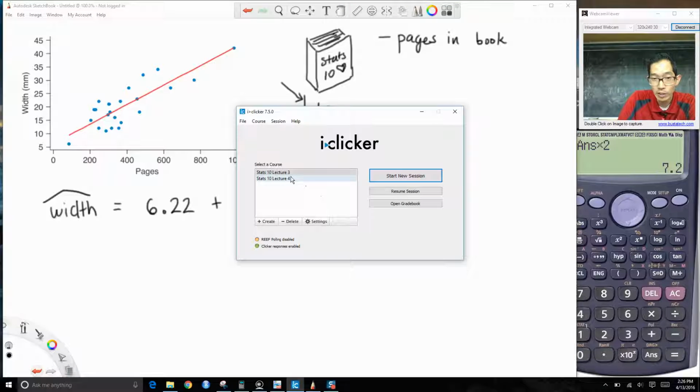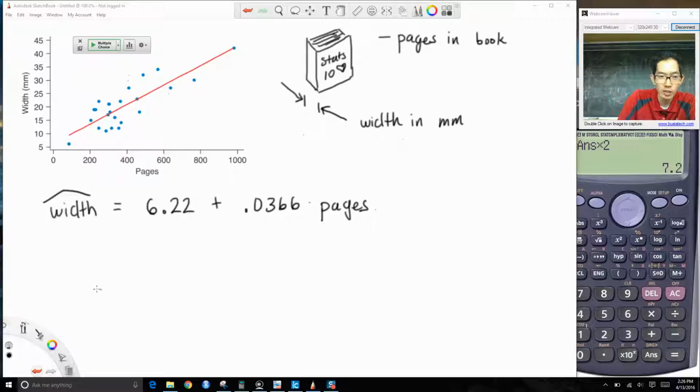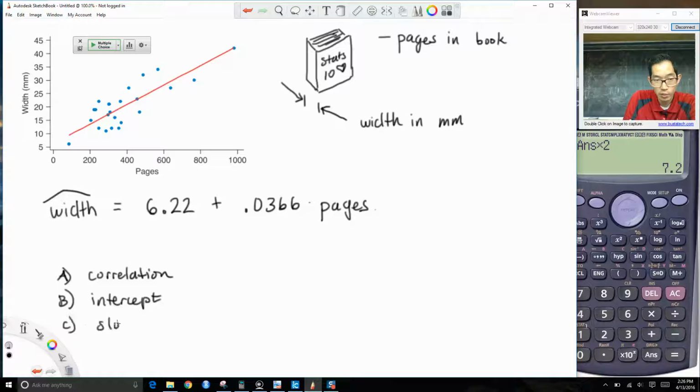Let me fire this up. I want lecture 4. Is this working? Your first question: the answer choices are A, correlation; B, the intercept; C, the slope; and D, the residual.